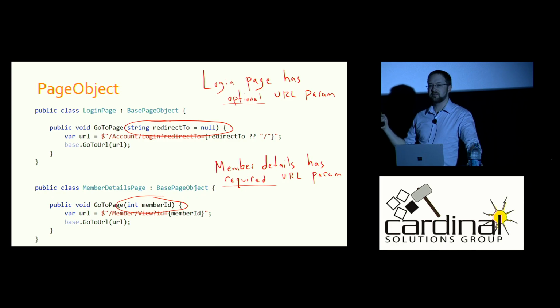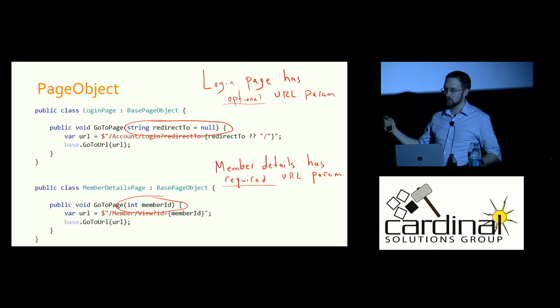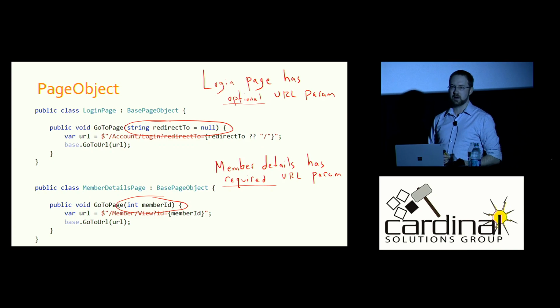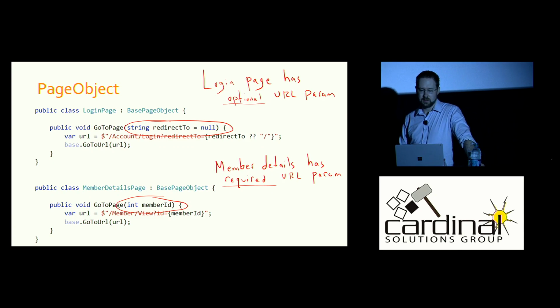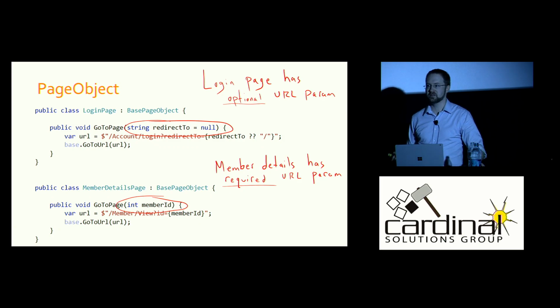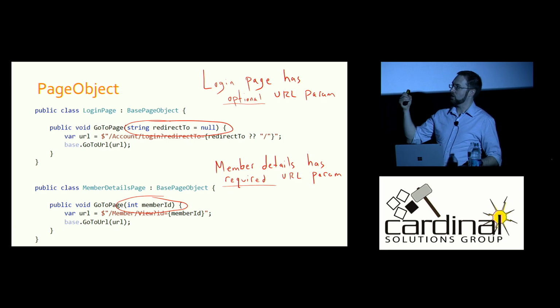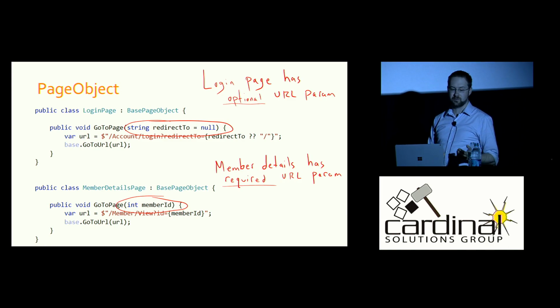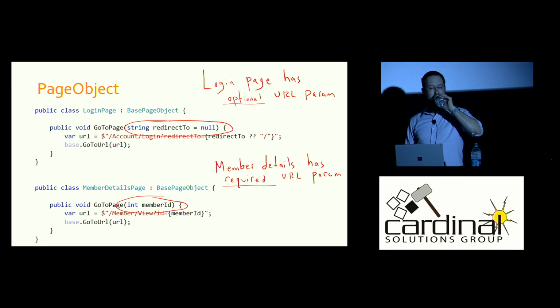By baking that stuff into this go-to page method, we ensure a programmer can never navigate to a page without providing the right parameters. They can never misspell the URL parameter. It's all baked into this method. And down the road, if we change what parameters you need to load a page, IntelliSense, static analysis tools, the compiler can all be used to tell us these tests might need to be updated because you've changed what's necessary for a certain page.